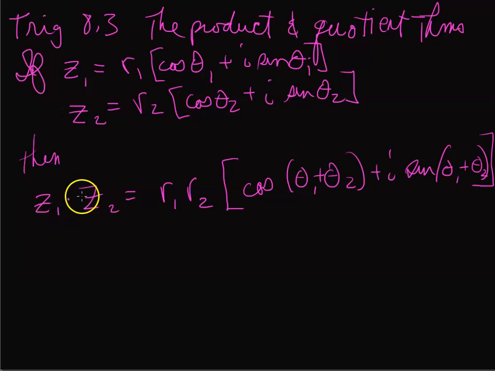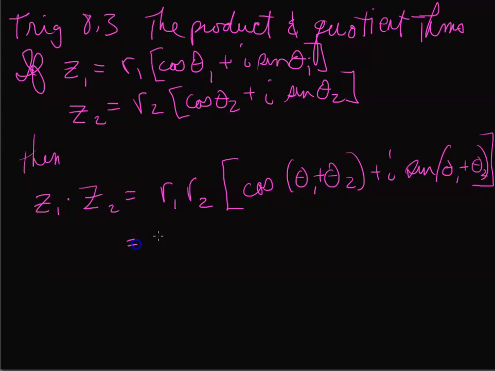So to multiply two things together, you multiply the magnitude, or the r's, the distance from the origin, but that you can do on a calculator if you need to. It's all this other stuff. But all you have to do is add the angles. Cosine theta 1 plus theta 2, sine theta 1 plus theta 2. Makes it a lot easier.